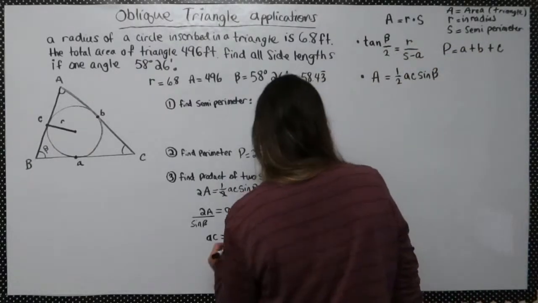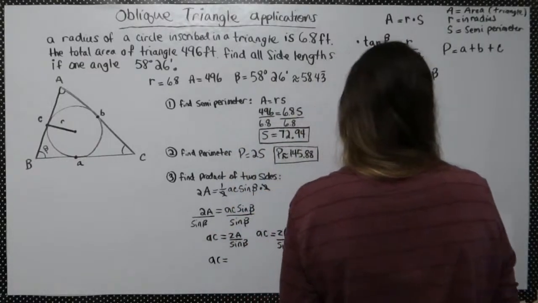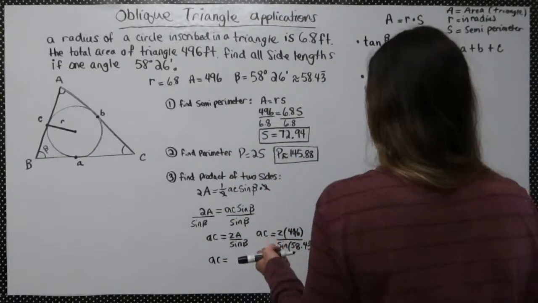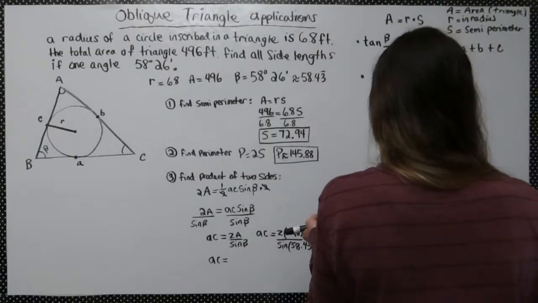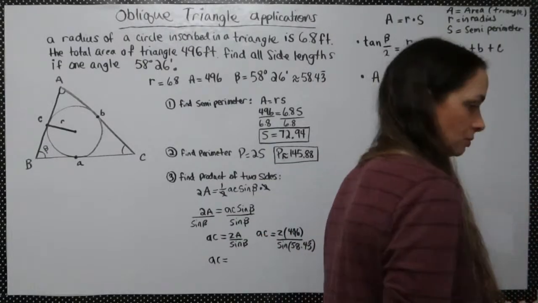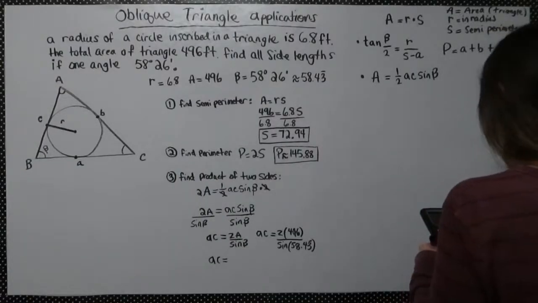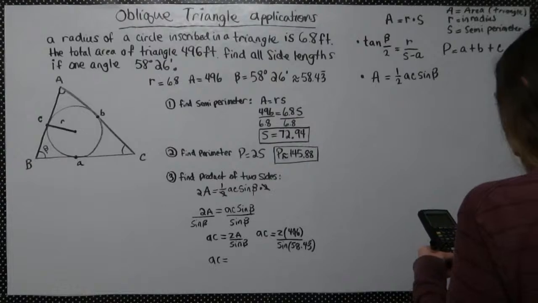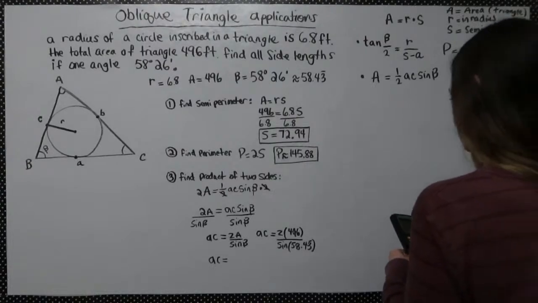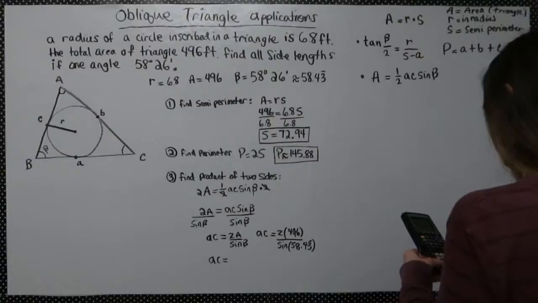So we'll go ahead and say the distance AC, or the product of those two distances, is this value: 2 times 496 divided by the sine of 58.43.